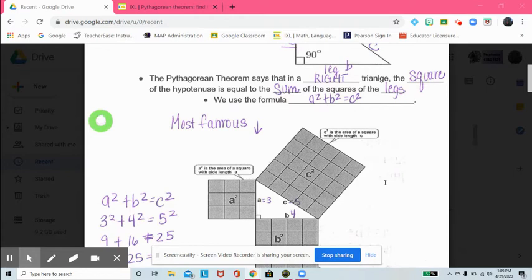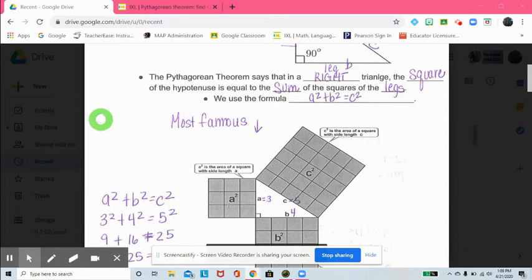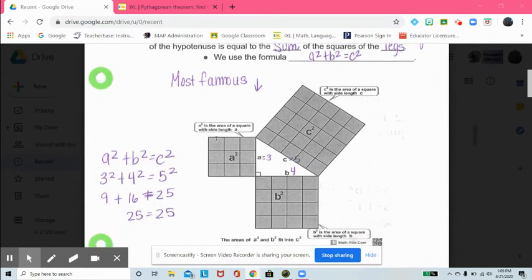This is the most famous Pythagorean triangle: 3 squared plus 4 squared equals 5 squared. It shows you how it works: 9 and 16 make 25, and that makes your triangle right there.